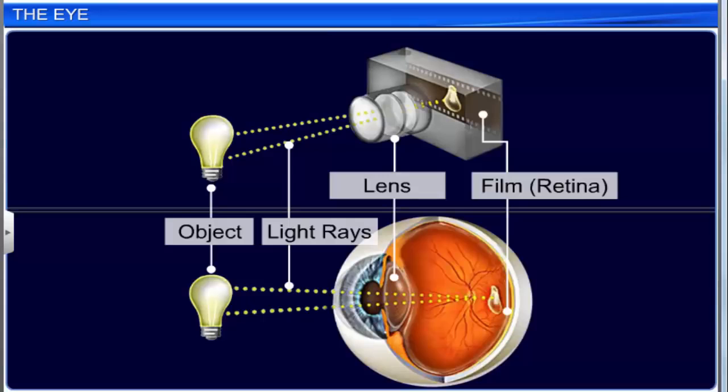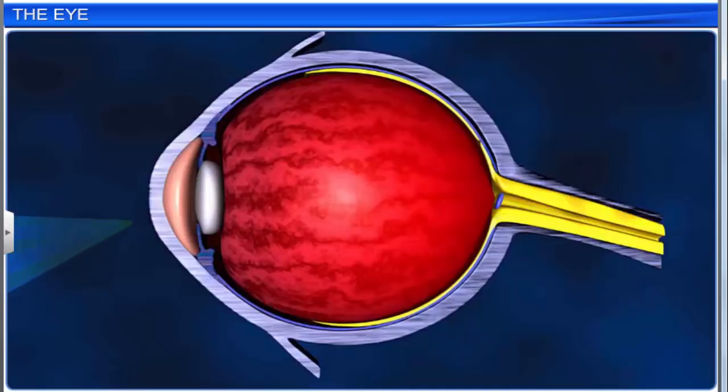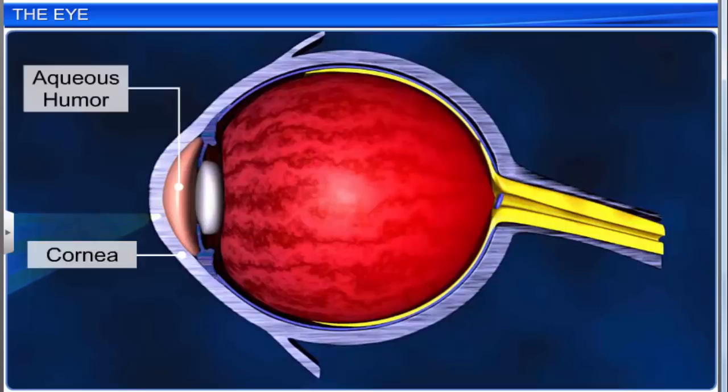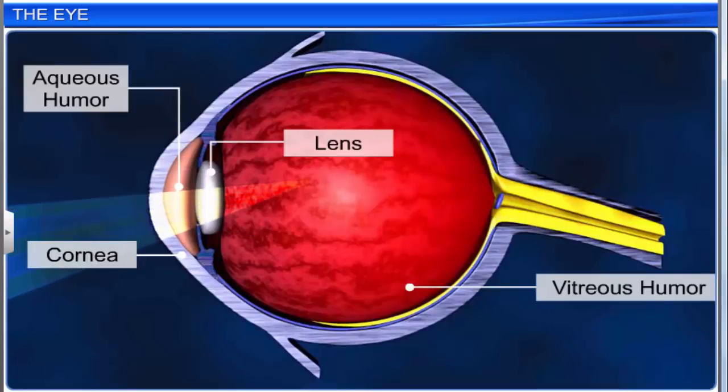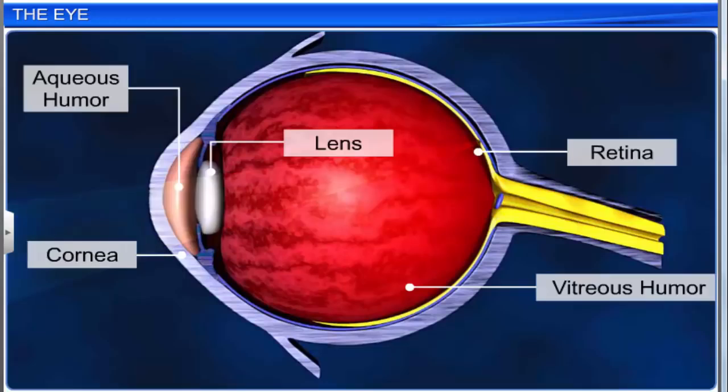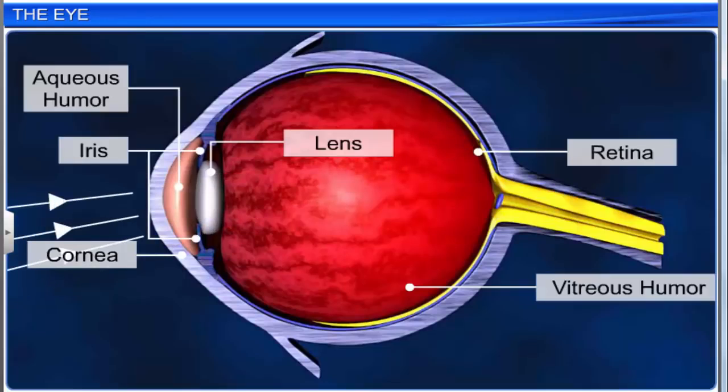The human eye works like a camera. The cornea, aqueous humor, lens, and vitreous humor all act as small lenses and refract light rays to focus on the retina. The iris acts as a diaphragm and regulates the amount of light entering the eye.